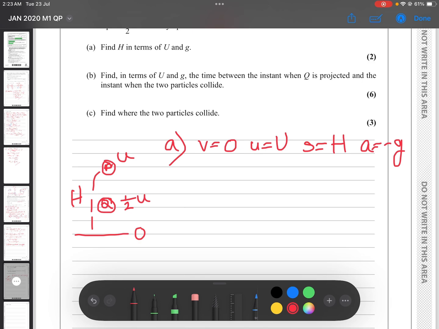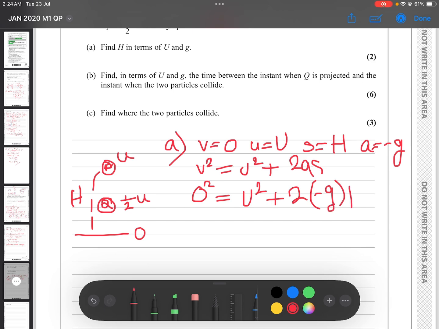So we can use the SUVAT equation. V squared equals u squared plus 2as. If we substitute now, my final velocity was 0. 0 squared equals u squared plus 2 times acceleration, which was minus g, times my distance h.